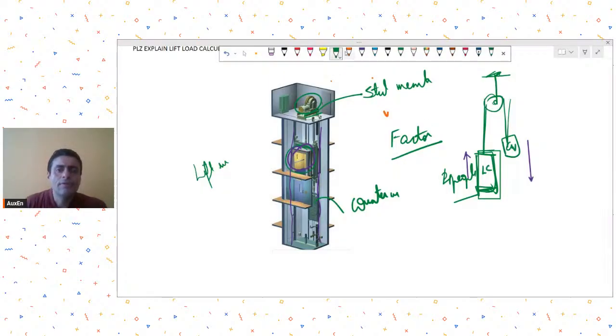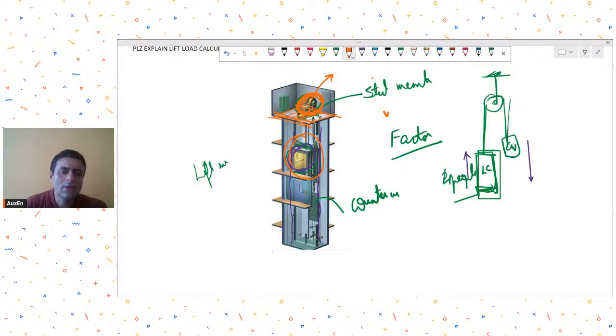Understood? Then you will have the weight of the motor arrangement and pulley arrangement, plus this lifting weight. All that weight will be transferred to these steel members, which are typically placed on some RCC element or beam element, whatever RCC system you have created, assuming it's an RCC building.